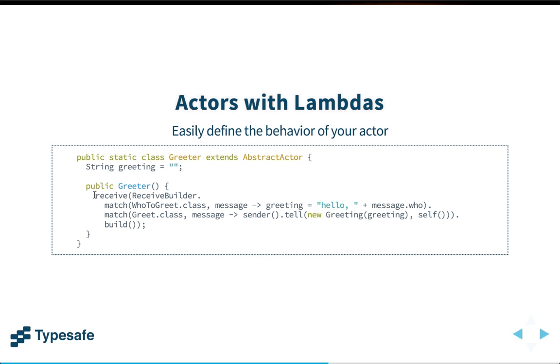He can basically receive two different messages here: a who to greet message and a greet message. This receive builder builds up a matcher that, if it's a who to greet message, will run the lambda here. And this is all type safe, so we know exactly that this has the who to greet type, and we can reference it right off.